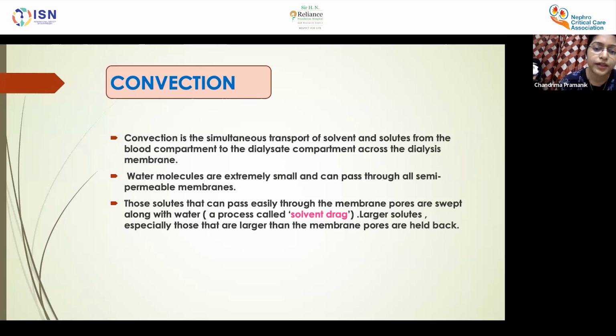And with these water molecules, some amount of solutes, which are small and medium-sized molecules, can easily pass through the membrane pores. This process is called solvent drag. Larger solutes, especially those larger than the membrane pore size, are left behind.